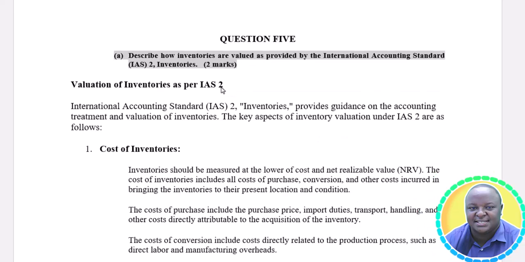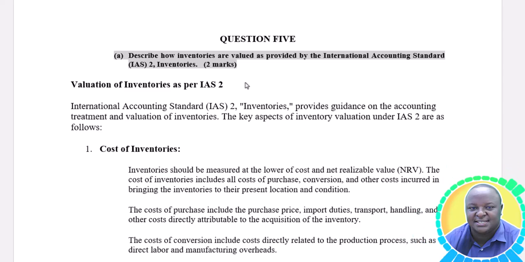Now, according to the valuation of inventories as per the IAS 2, the International Accounting Standards states that inventories provides guidance on the accounting treatment and the valuation of inventories.